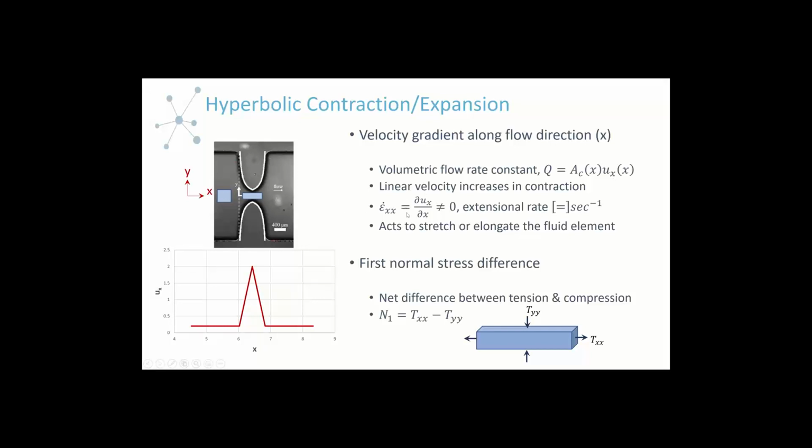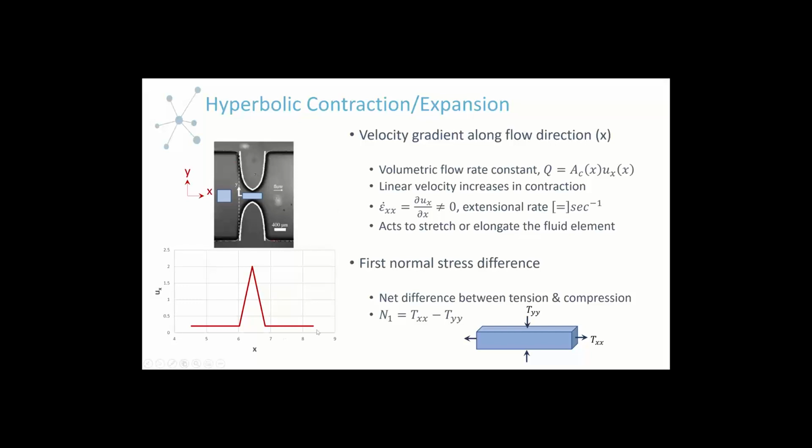So now we have this particular derivative, which is non-zero, and this is defined as the extensional rate. You can imagine as the fluid element enters this zone, it's going to stretch or elongate it. That's why this type of geometry will produce an extensional component to the deformation.